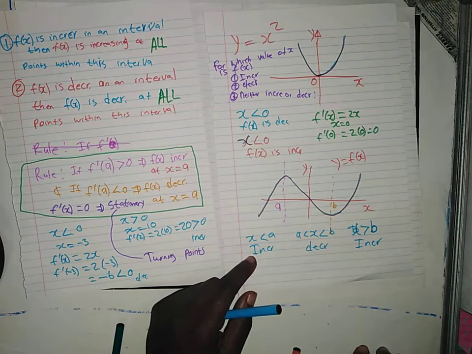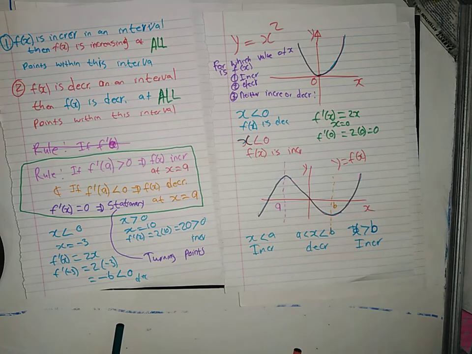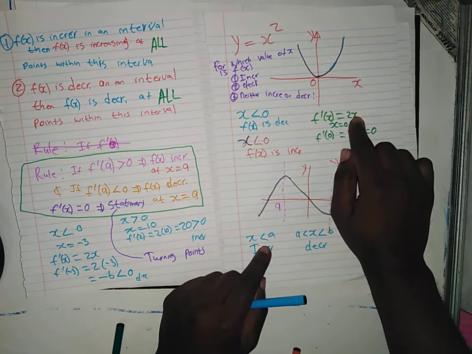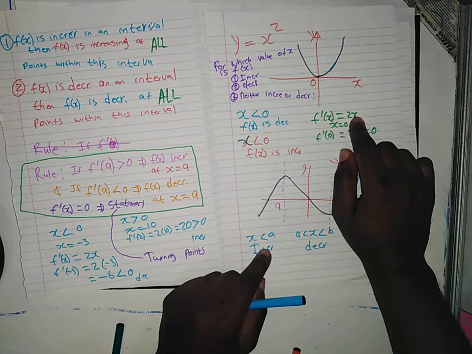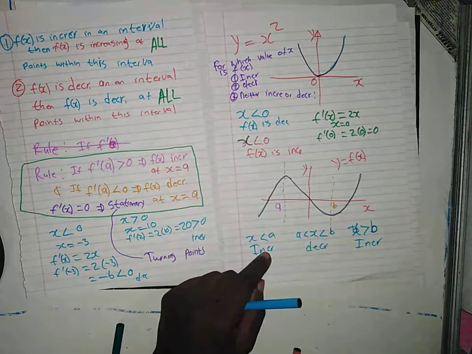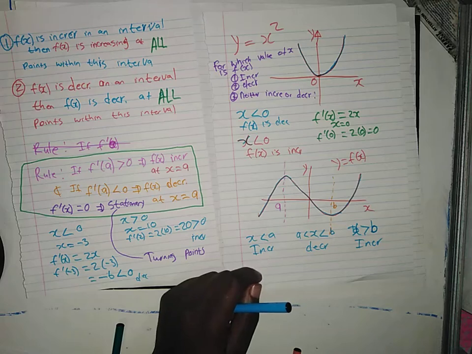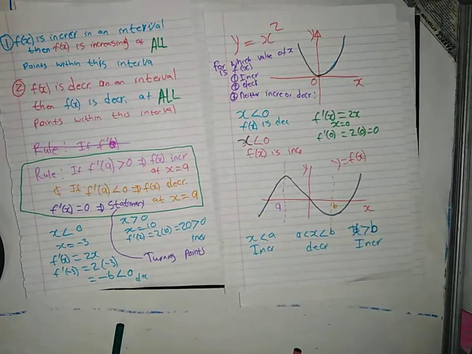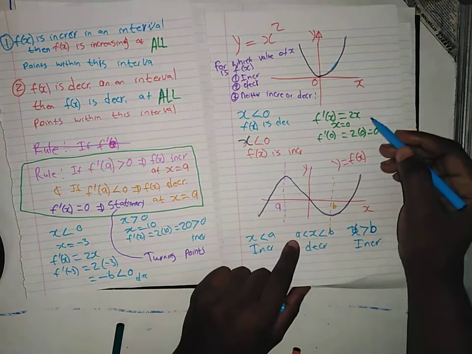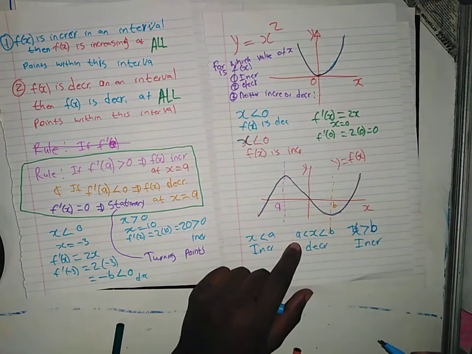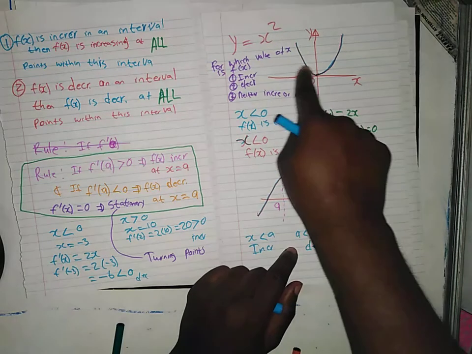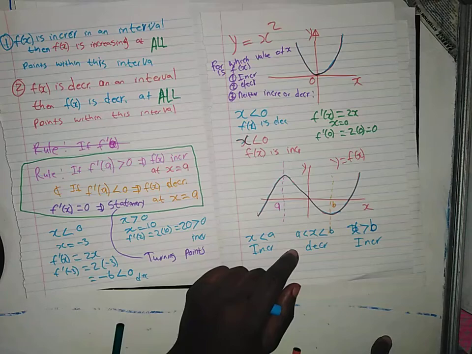But now, when you want to show that, we can say f prime x is equal to 2x. And then what you can do is we can pick any value, as long as that value is less than 0. Let's pick -2. So when you pick -2, it's going to be 2 times -2, which is -4. And then in this interval, it's decreasing.